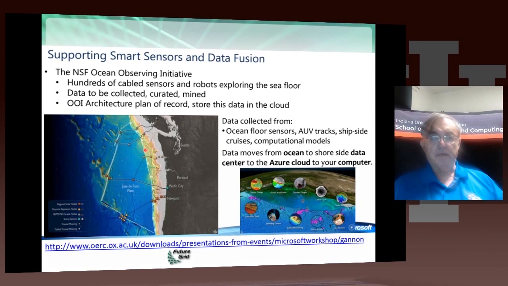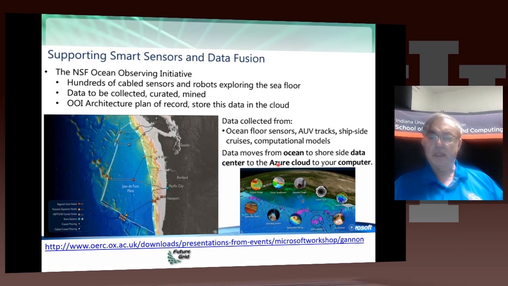Here's an example of another use of sensors, in observing the ocean, where you have lots of sensors and robots running around the seafloor, sending the data up, and the so-called Ocean Observatories Initiative has a cloud-based architecture for storing all this, and then you analyze it on the Azure cloud and then send it back down to your computer.